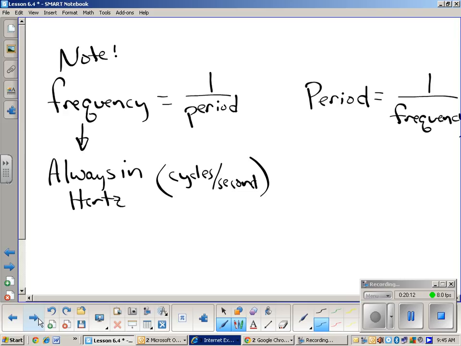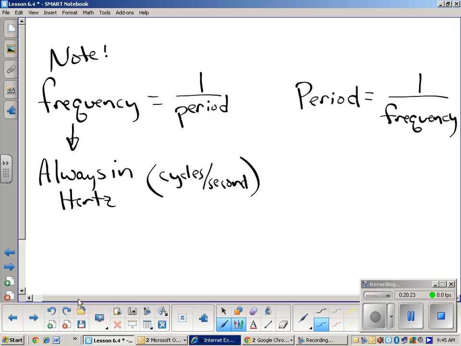Frequency is equal to 1 over period. They'll ask you about the frequency. All it is is the reciprocal of the period. And the period is the reciprocal of the frequency. So period and frequency are reciprocals of each other. Frequency is always measured in hertz, which is cycles per second.